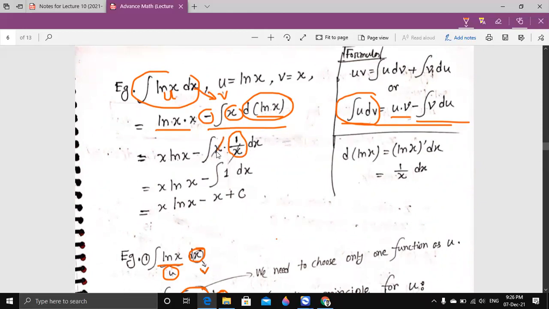Now we can cancel this x and we get integration of 1 dx. The formula for integration of any constant k dx is kx plus c. So integration of 1 dx is equal to x plus c. So finally we get x ln x minus x plus c. This is the answer.